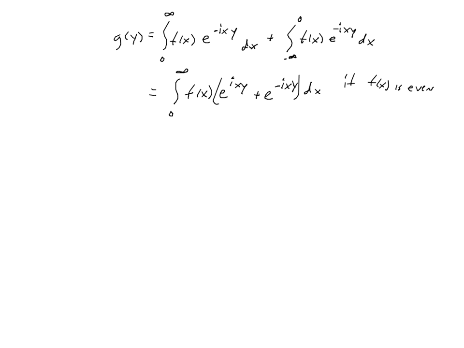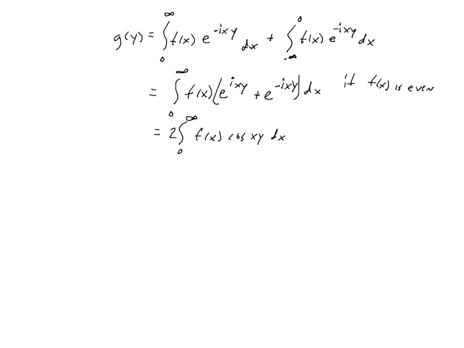And this is basically a cosine term, right? So I could just plug that in as my cosine and say that this is an integral of f of x cosine of xy dx. Oh, there's a factor of 2 here. If this were an odd function f of x, then at some point I'm changing f of x to minus f of x, right?